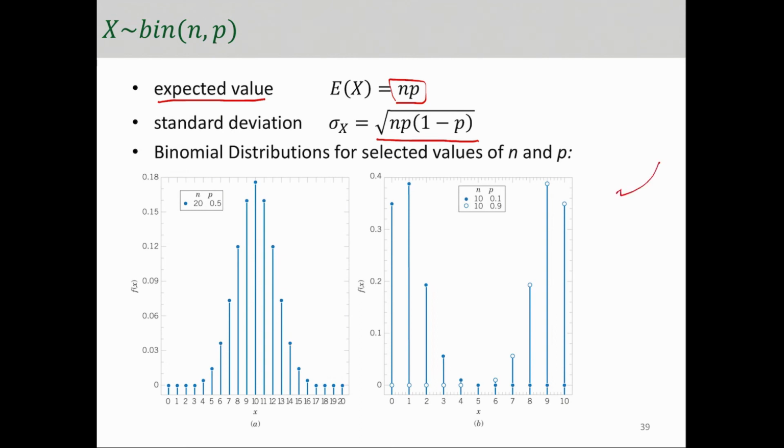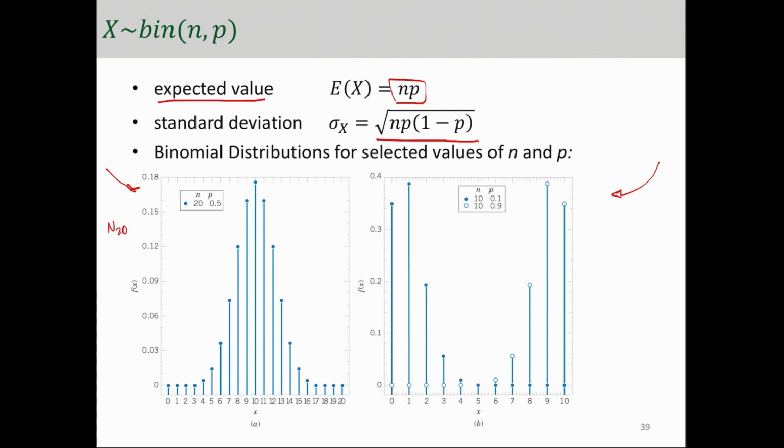And here are examples of different binomial random variables. For example, here, n is 20 and p is 0.5. So you have 20 trials, and probability of success is 50%. So your random variable essentially is X20, and it represents the number of successes out of 20.